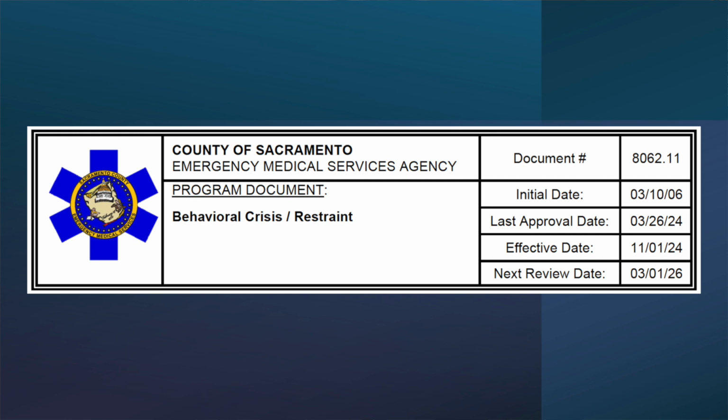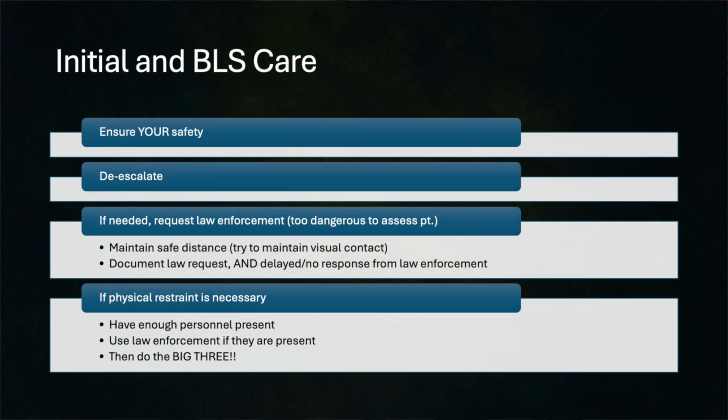All right, so a little bit about behavioral crisis and restraint. Again, not a new policy, but a couple of little nuance changes. So as always, ensure your safety, de-escalate whenever possible, and if needed, request law enforcement if they're just too dangerous.